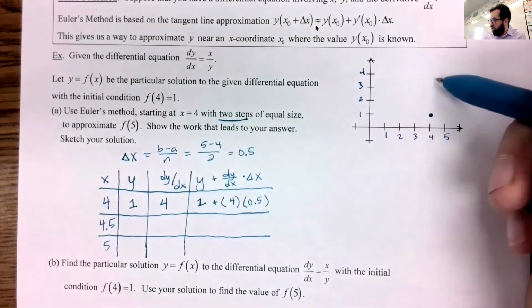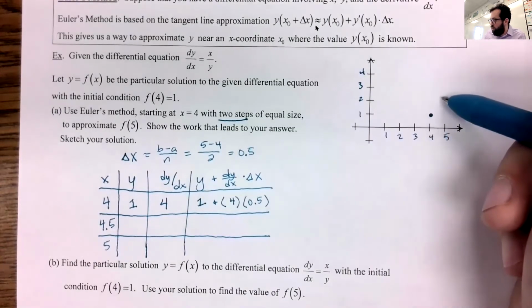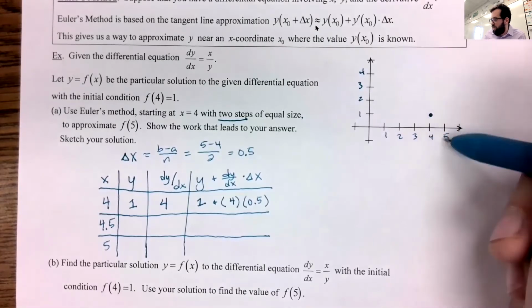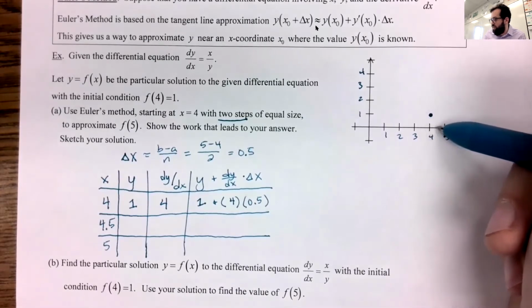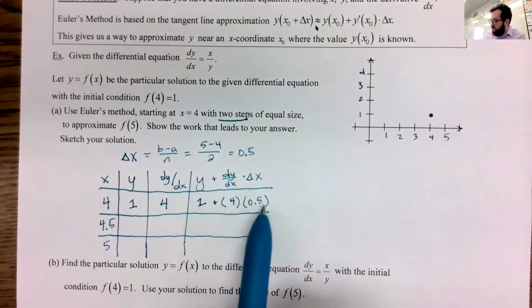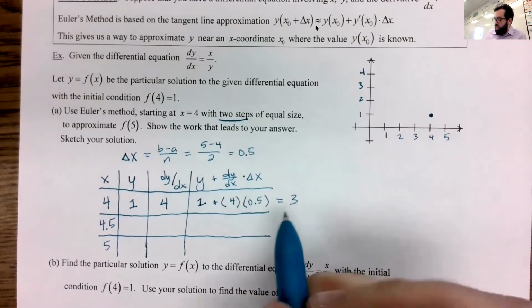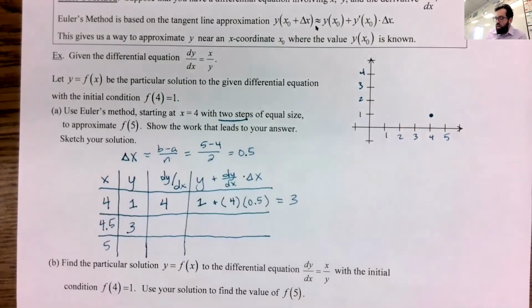We're not going to go up 4 over 1. That would take us all the way to 5. So instead, we're going to go up 2 over 0.5, because that's kind of like halfway to a whole unit, because we have 0.5 of a unit. Anyway, we just do 1 plus, this ends up being 2, so it's going to be 3. The 3 then becomes our y value in our next row.